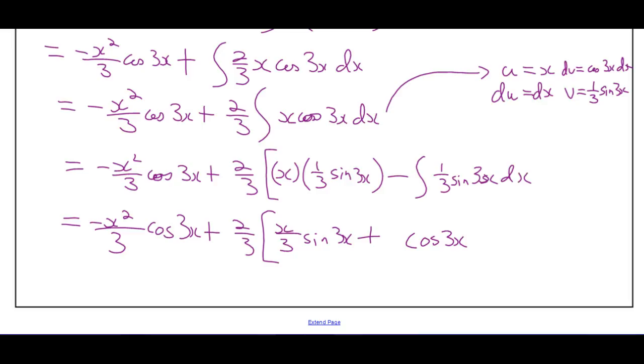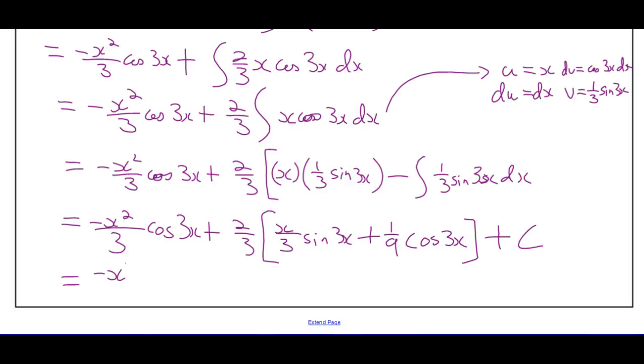Oh no, it's minus cos 3x. So this will be minus a minus, so plus 1/9 cos 3x. And now we throw the 2/3 in. Oh right, so plus c. It doesn't matter where the plus c goes, just that it goes.